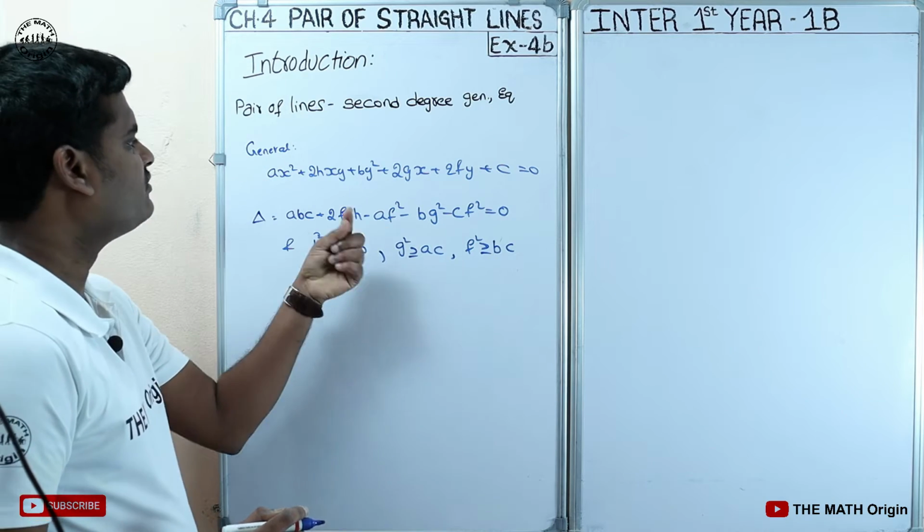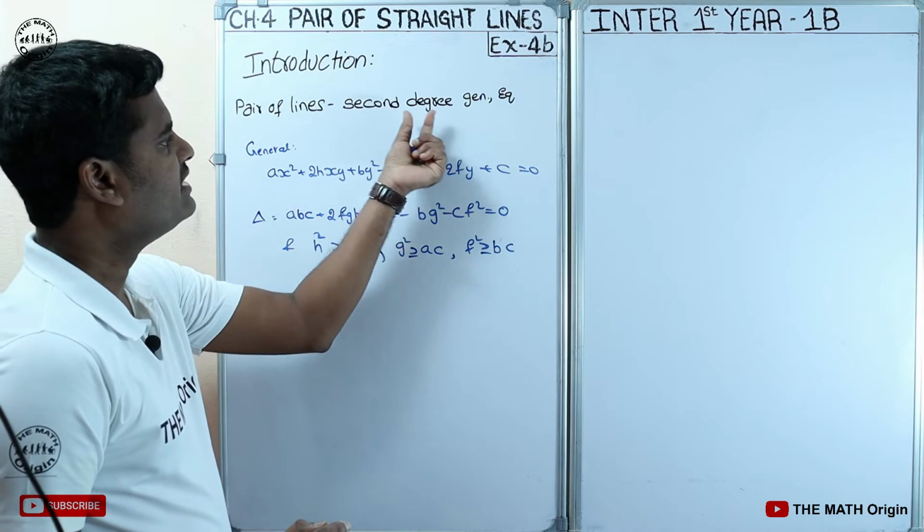So these are the basic conditions for the given pair of straight lines in the second degree general equation form.